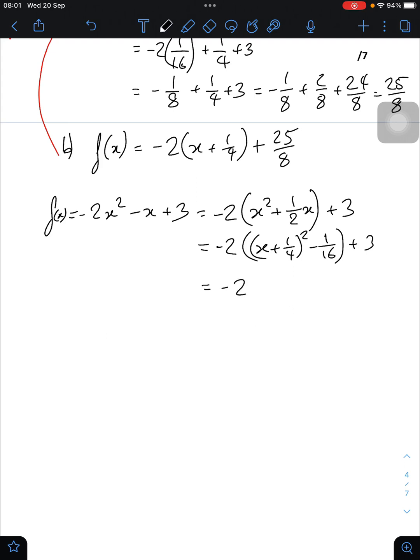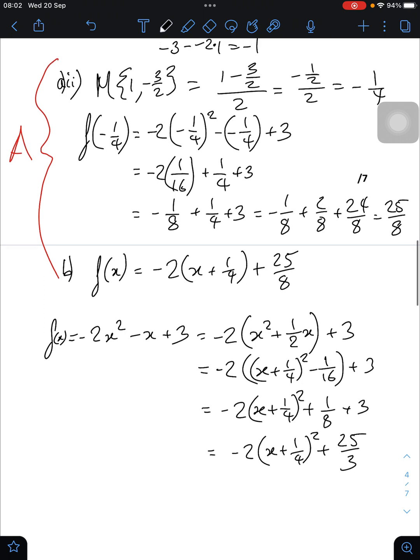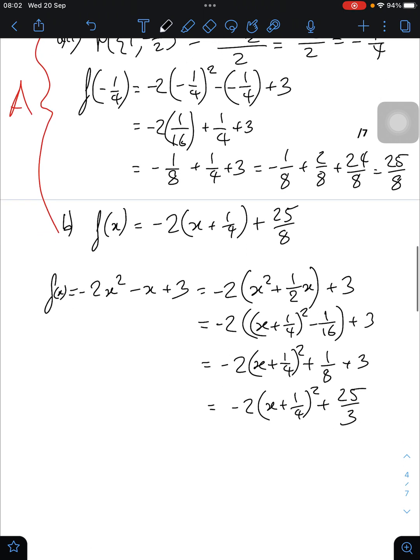So therefore minus 2 lots multiplying out the brackets of x plus 1 over 4 squared plus 2 over 16, which is 1 over 8, plus 3. So minus 2 lots of x plus 1 over 4 squared plus 25 over 8. So that looks like our solution.